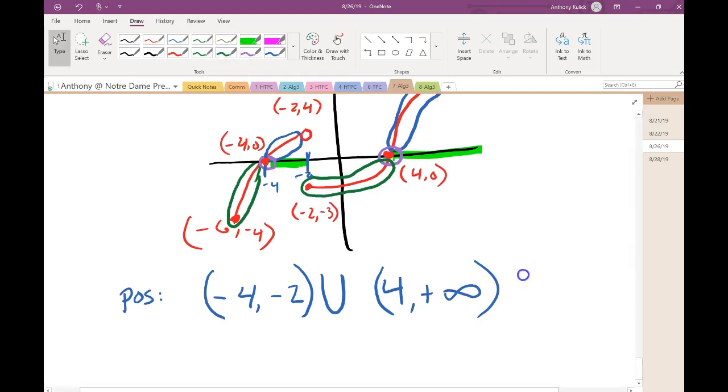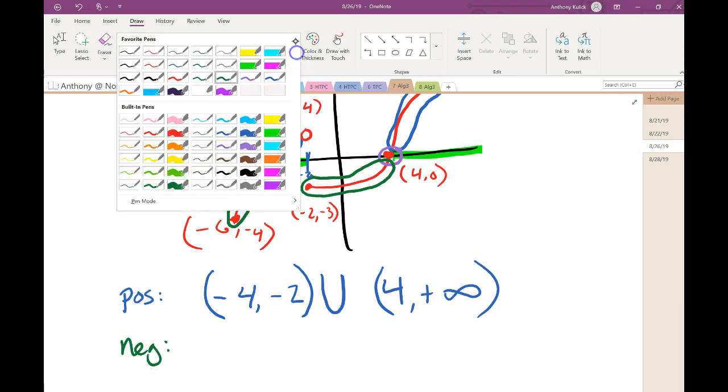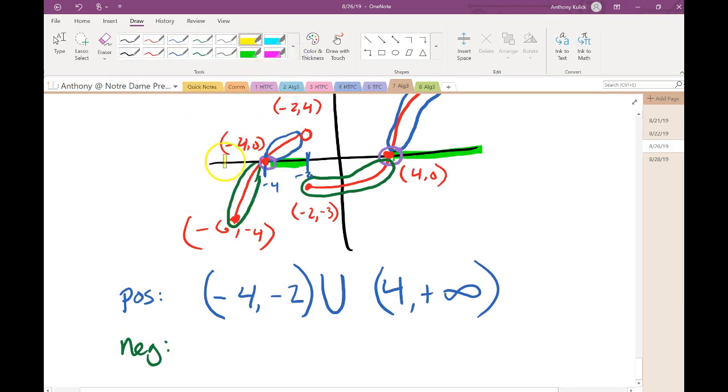Let's do the negatives now. So we'll start with this section here first. So what do we start with here? -6, and it goes to -4. On the -6, parenthesis or bracket?